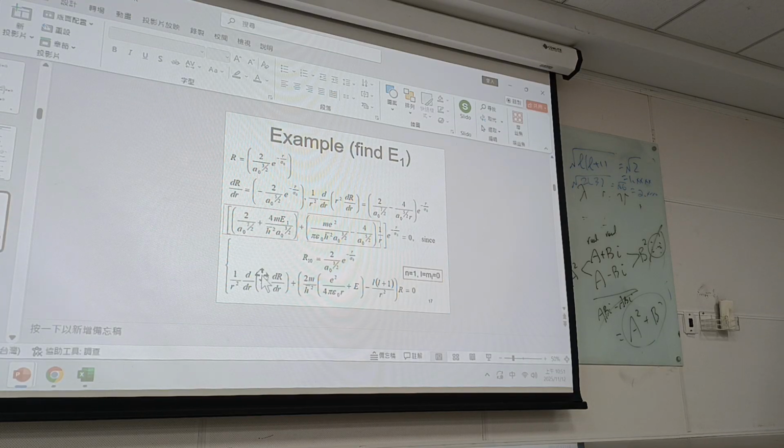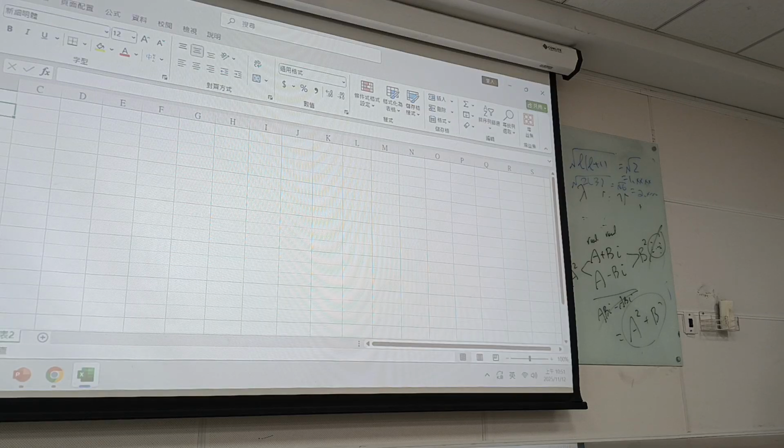R function equal to this one, right? 2 divided by a naught to the 3 over 2, exponential minus R over a naught. In our case, a naught will equal to 1, right? Because I use the unit of 1 a naught.